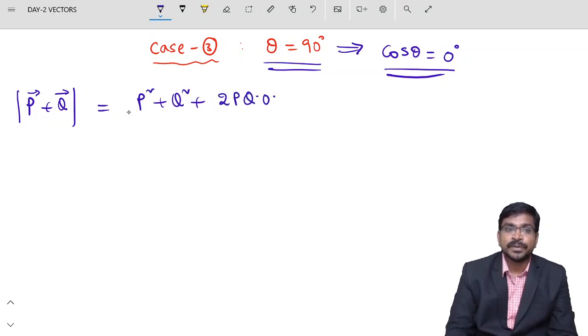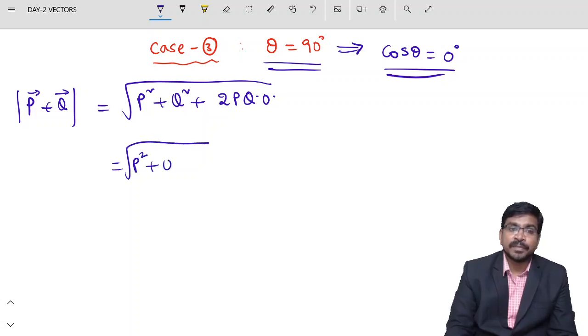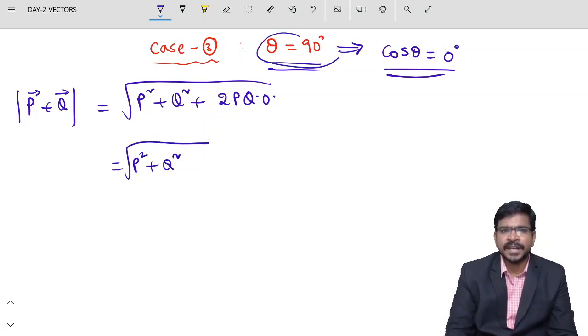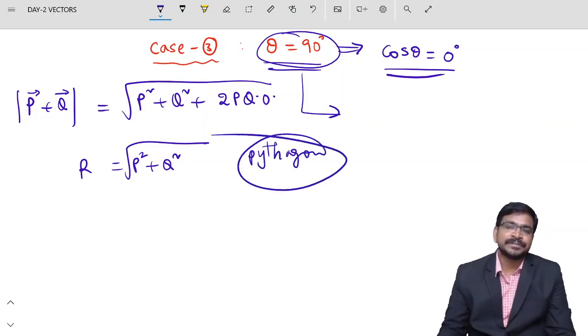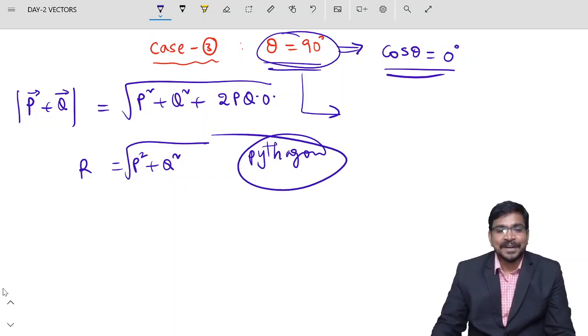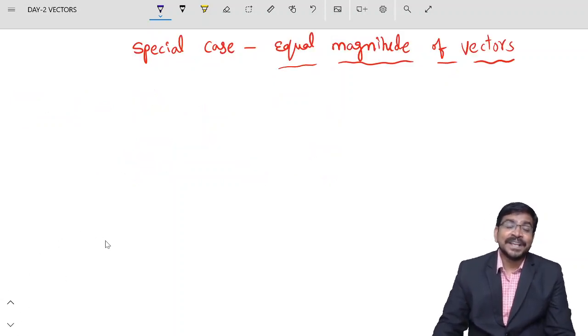Cos theta is 0, so you will simply get square root of P square plus Q square. If theta is 90 degrees, it means it will give you a right angle. So here it looks like the Pythagoras theorem. It is familiar to the Pythagoras theorem, right? Very important.